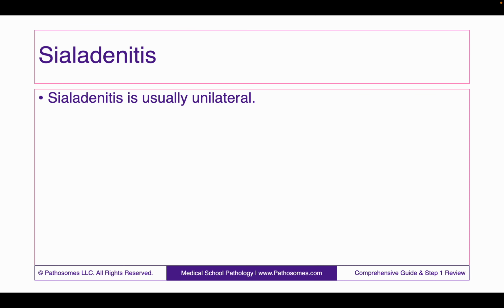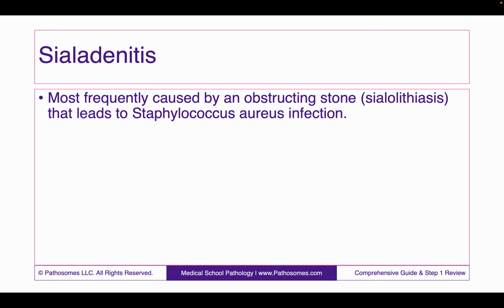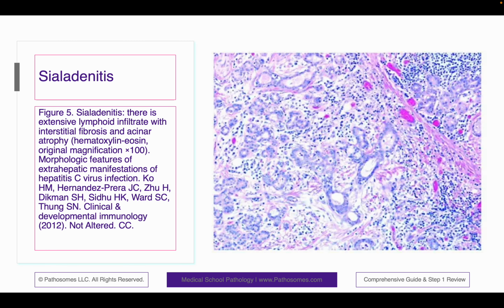Now, sialadenitis is usually on one side, unilateral, most frequently caused by an obstructing stone that leads to Staphylococcus aureus infection. Now here we have another image showing extensive lymphoid infiltrate with interstitial fibrosis and acinar atrophy. If you look at the bottom right and upper right, you can see the inflammatory cells very easily.